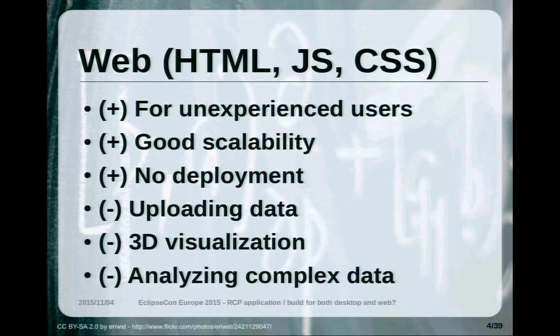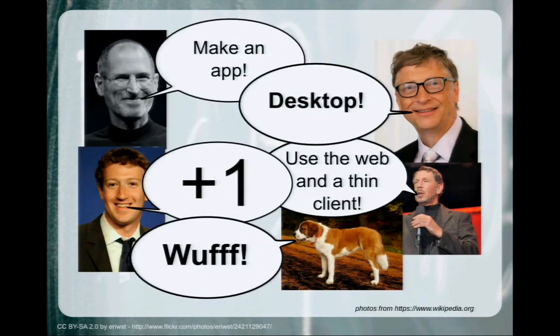So you have to make the decision, and you can ask friends, you can ask other people. Let's have a look, maybe we ask some famous people. That's Steve. He's not among us any longer, so rest in peace, Steve. Sorry for that. But he would have said, make an app. And then on the other side we see Bill Gates.